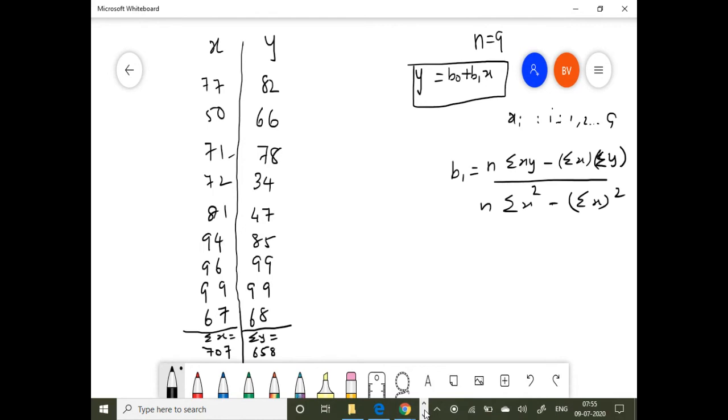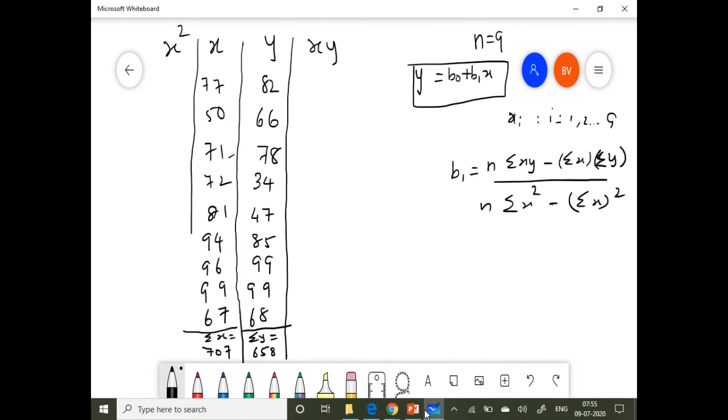We want x square. I'll find x square to the left of x. I'll find xy to the right of this one. Okay, let's do it. For one problem, I'll show all the steps, and then for the second problem I'll do it more quickly.